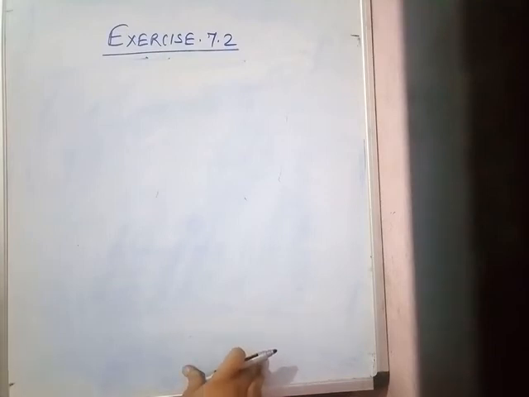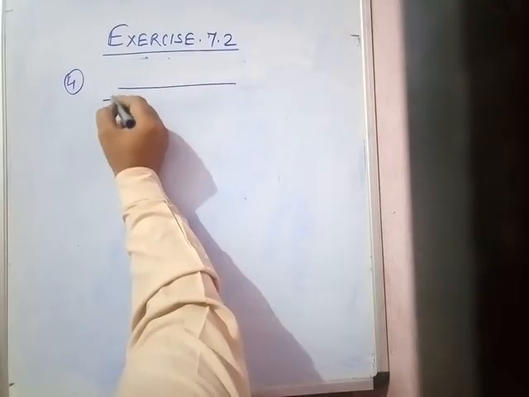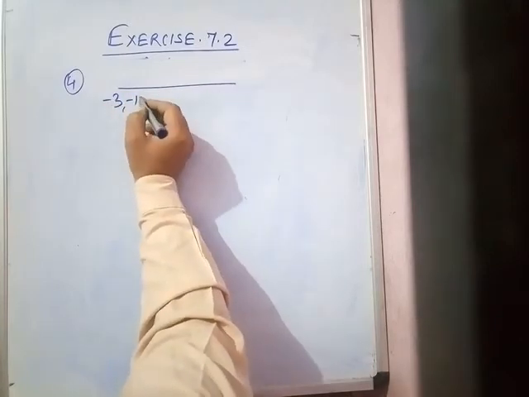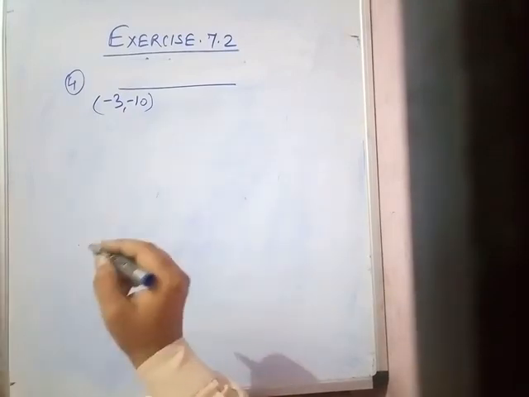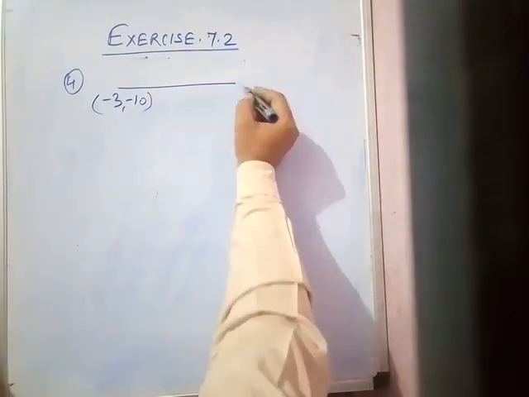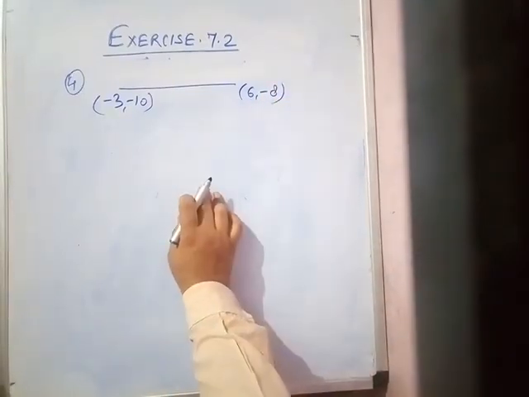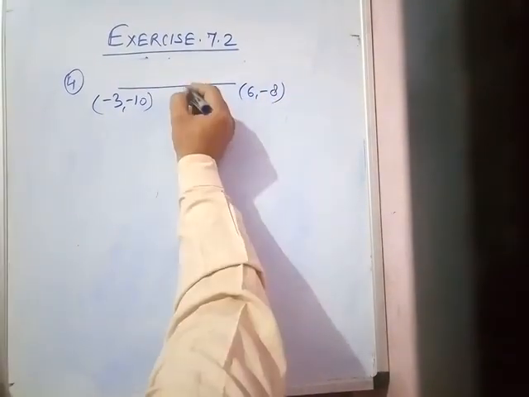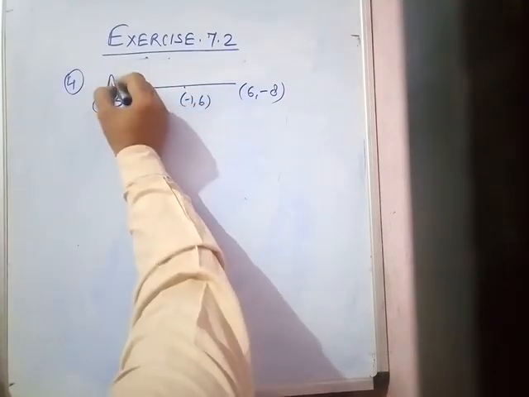Find the ratio in which the line segment joining the points A (minus 3, minus 10) and B (6, minus 8) is divided by the point P (minus 1, 6).